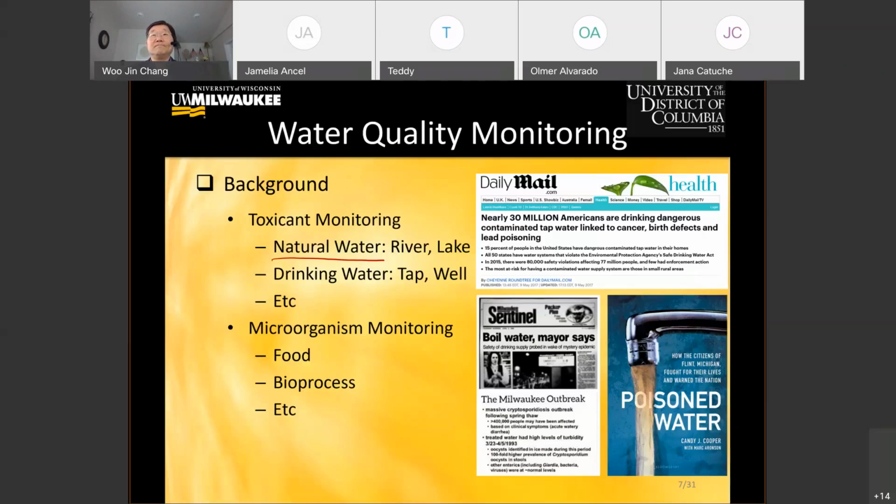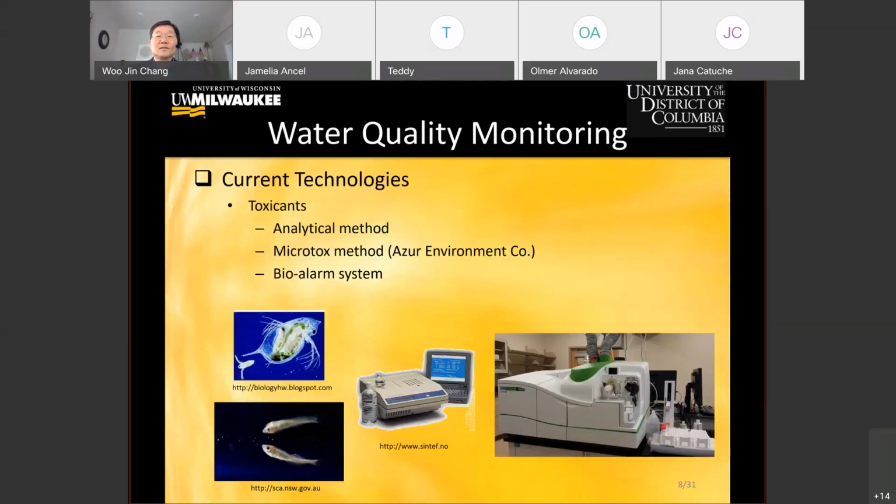And this machine is mass spectroscopy, used not only to detect water quality, but it can detect many inorganic materials from the water. And there are some different approaches to test the quality of water.